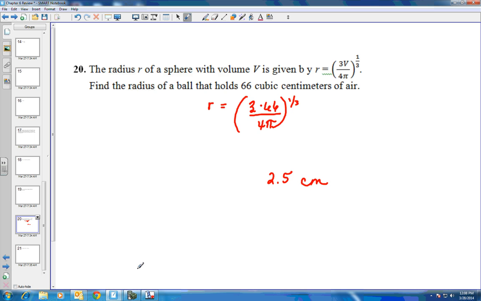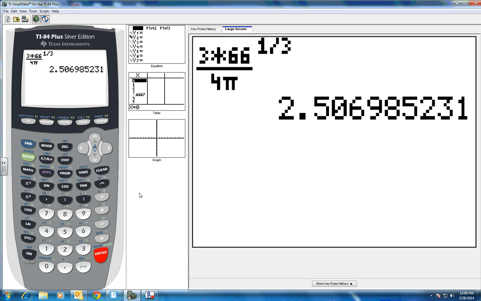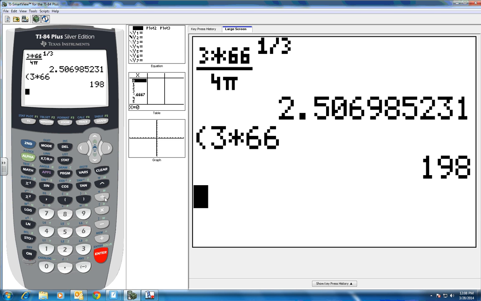Okay, so if you didn't have a fraction button, here's how I would do it. I would put parentheses and then just put 3 times 66. And then I'd go ahead and just hit enter. Divide that by 4 pi.